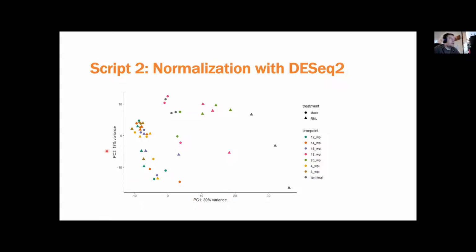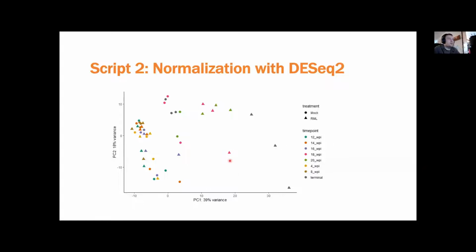And similarly for principal component 2, 18% of the variance is accounted for. This is just meant to visualize the interrelatedness between samples in 2 dimensions to make it easier to look at. And you can use it to identify sources of variation within your data set.